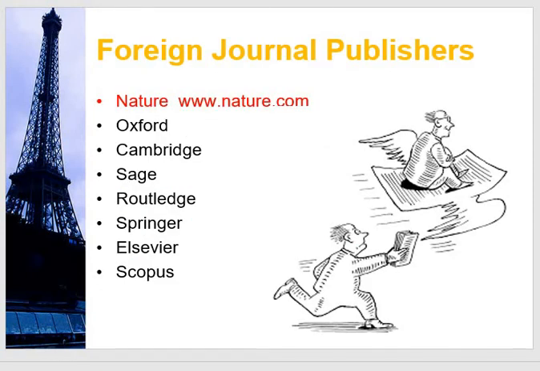Among foreign journal publishers, Nature journals are the most important. Oxford, Cambridge, Sage, Routledge, Springer, Elsevier, Scopus are also big names, big publishers in foreign countries. So if you write journal papers, you will fly like this scholar.